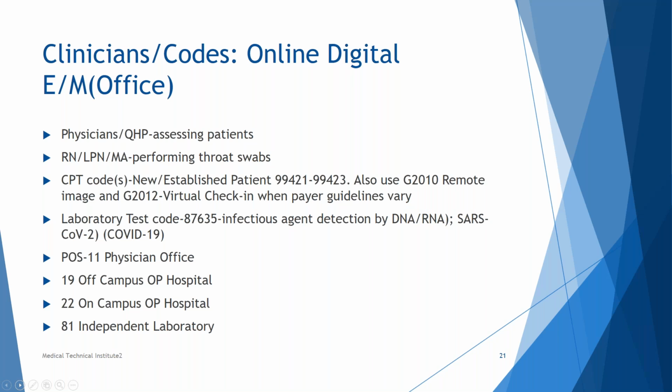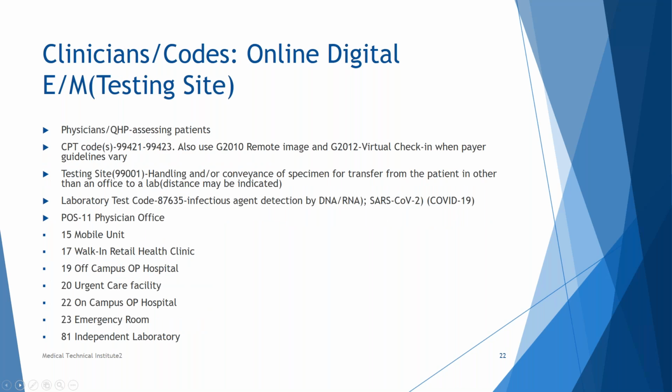So once again, this was for the office if you were to see your primary care physician. Now, this will be if you're going to a testing site. They have set up several testing sites across the United States, and you know where they are in your particular city and state. Once again, the physicians and qualified healthcare professionals are assessing the patients.